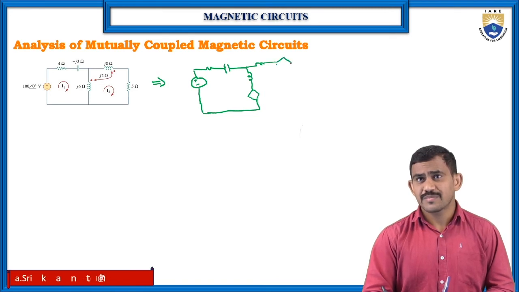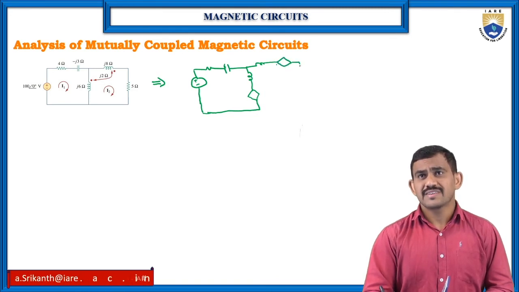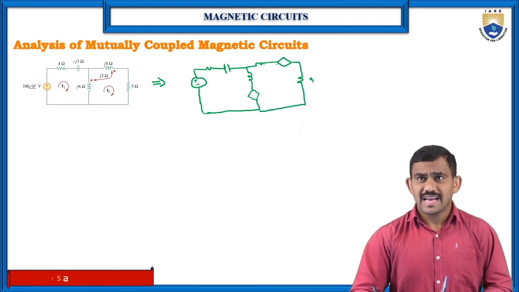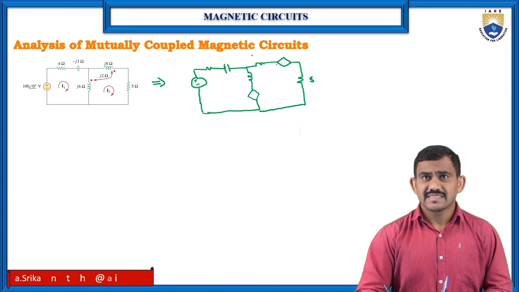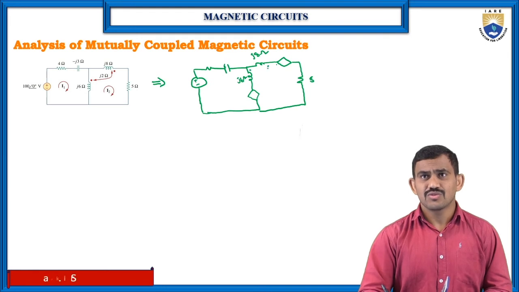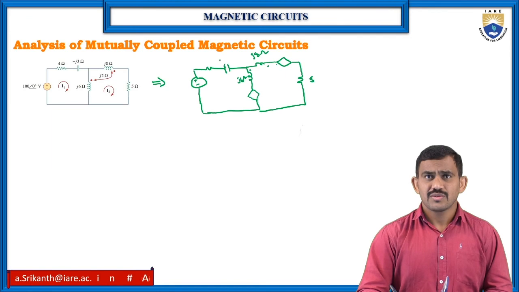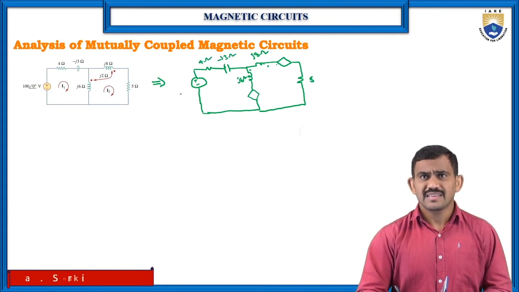Write the dependent values and your resistor. So 5 is as it is, j8 ohms and j6 ohms are as it is. Both dots are in position for loop 2, and they are mutually coupled. Then j3 ohms, 4 ohms and 100 ohms.